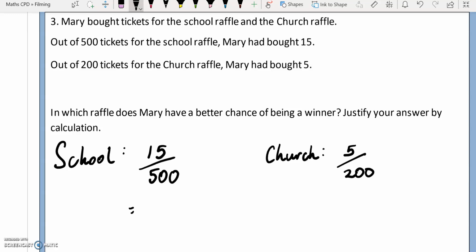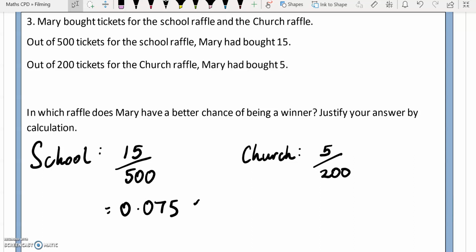We can do this on a calculator to figure out our decimals. That's 0.075, and the 5 out of 200 is 0.025.